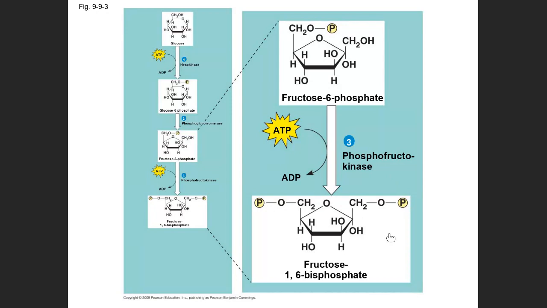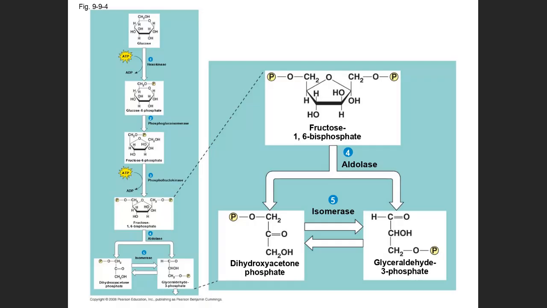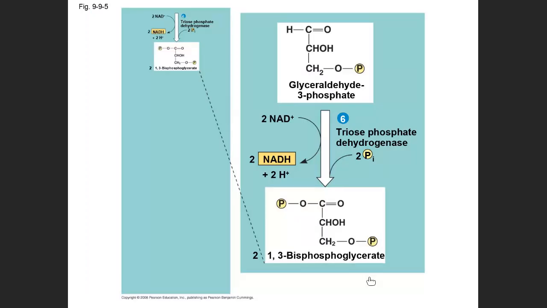And then we have a double phosphorylated fructose molecule. That fructose molecule is going to be converted into glyceraldehyde 3-phosphate or dihydroxyacetone phosphate. They're both isomers of each other. And the glyceraldehyde 3-phosphate is going to be converted into bisphosphoglycerate.